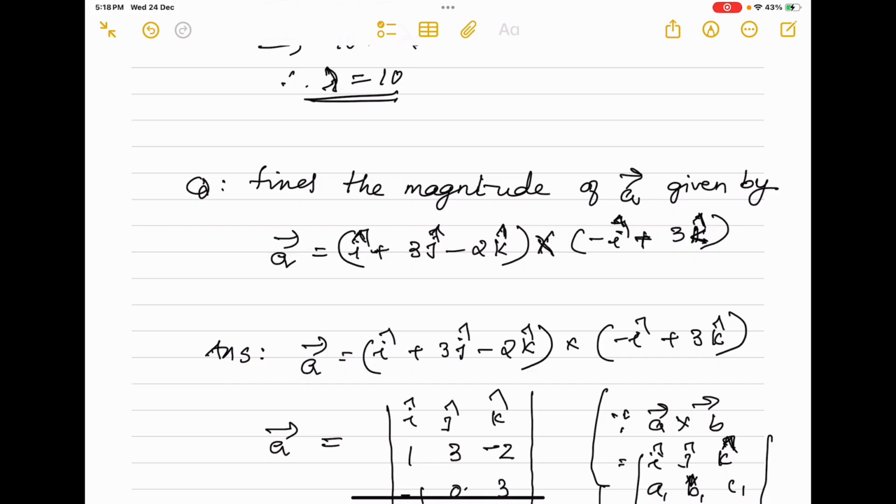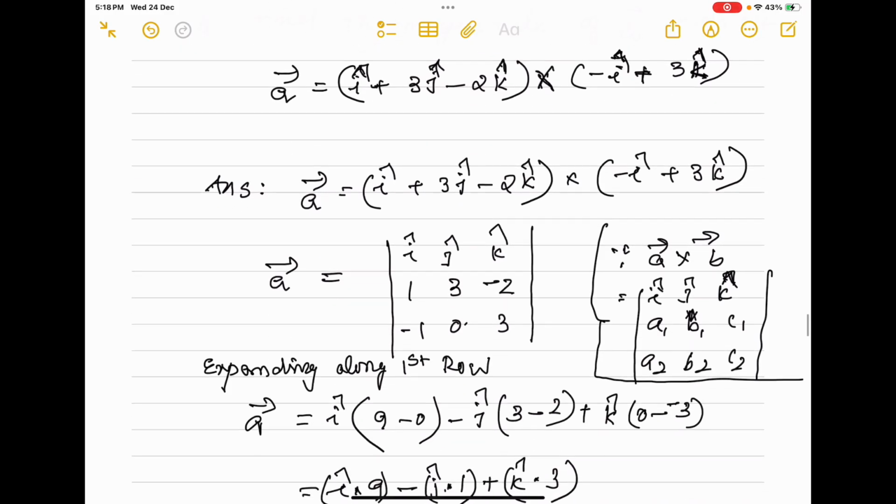We know that vector A cross vector B is the determinant with i cap, j cap, k cap in the first row, the second row the coefficients of the first vector, and the third row the coefficients of the second vector. So vector A equals the determinant with i cap, j cap, k cap; 1, 3, negative 2; and in the next row, since there is no j cap, negative 1, 0, 3. Then we want to find the value of this determinant.